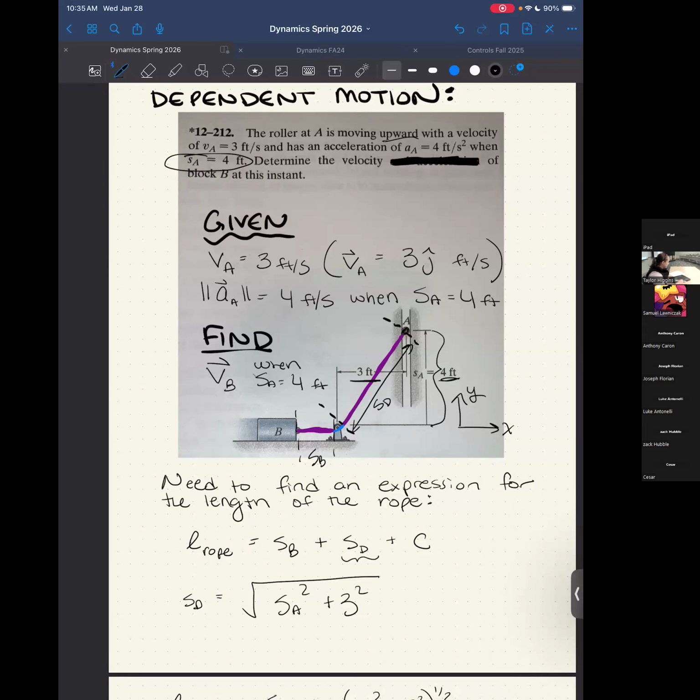However, is it true that SA is changing over time? Is SA always 4, or does that distance change over time as these things move around? That's a question for you. Oh, my bad. Changing. It absolutely is changing, right?